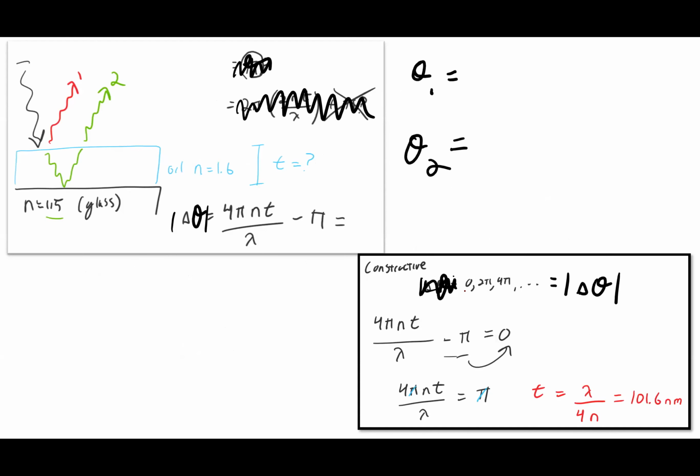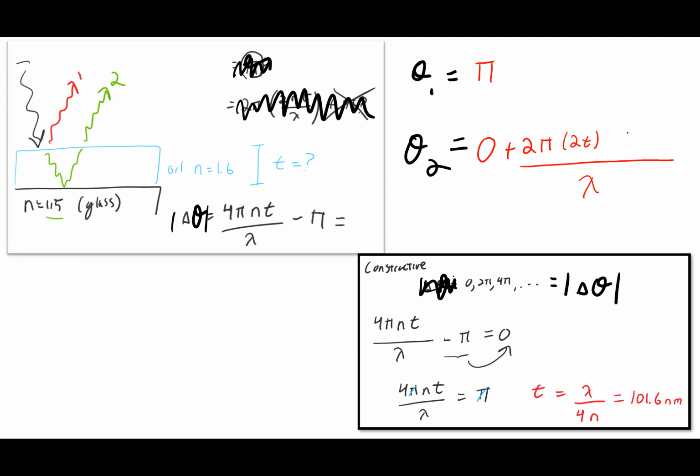So let's work through that phase discussion here. If I have oil and glass, then the wave that reflects off the top of the oil gets that pi phase shift. The wave that reflects off of the glass does not. And instead, all I have to do is give that 2 pi times the difference in path, so twice the thickness, divided by the wavelength.